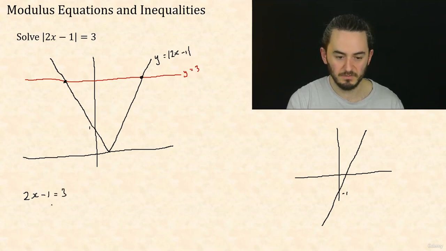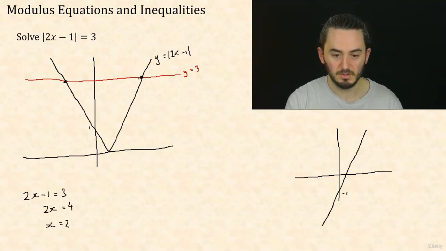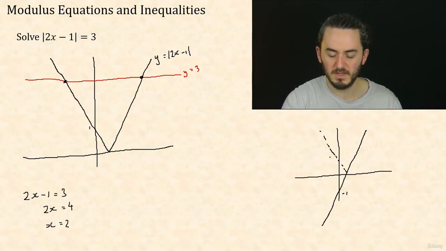Add 1 to both sides, 2x equals 4 and x equals 2. That makes sense. I can see that that's roughly x equals 2, although you don't want to rely too much on that.